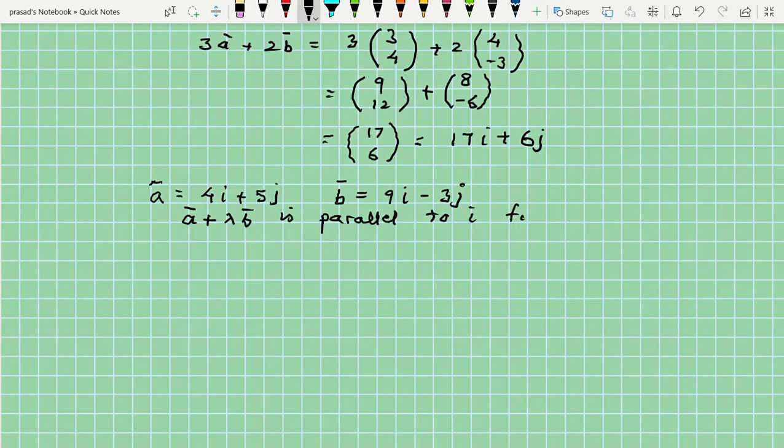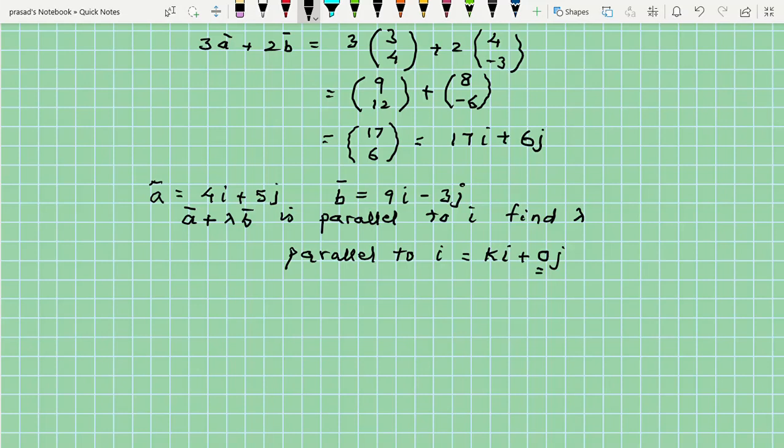Find the value of lambda. Now, since the vector is parallel to i, that means it will be a scalar multiple of i. That means it should be in some ki form, which I can write as ki plus 0j, which will mean the coefficient of j should be 0.